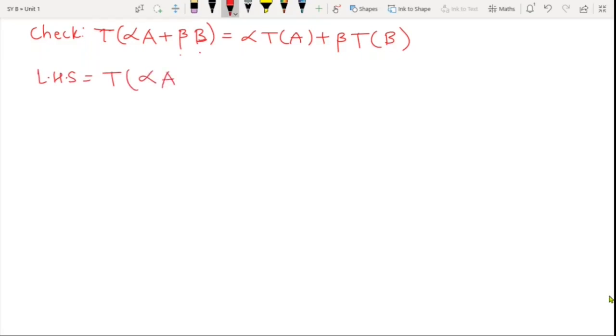T of alpha A plus beta B, simply put the values.